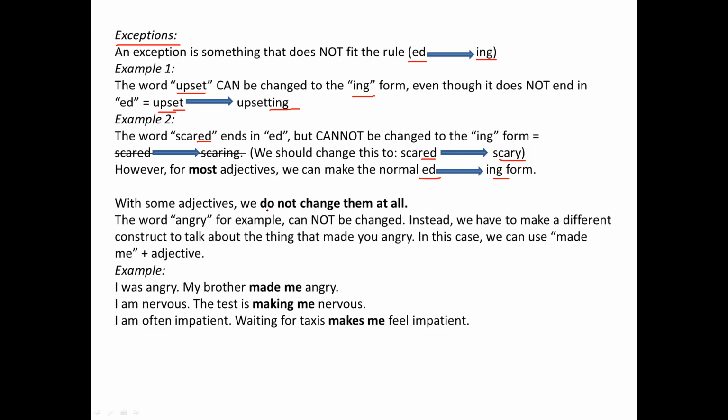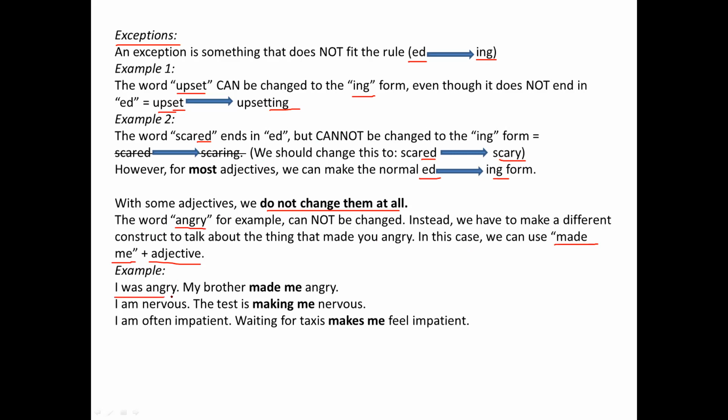With some adjectives, we make no change, or we cannot change the word itself. So, for example, the word angry cannot be changed to angry-ing. Sounds completely crazy. So what we have to do is make a different way to change this idea. So in this case, we can say made me plus the adjective, right?